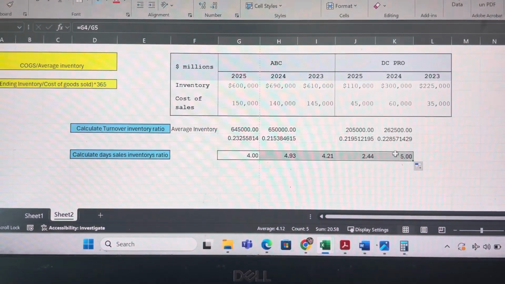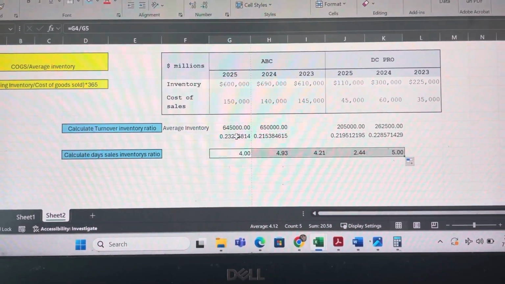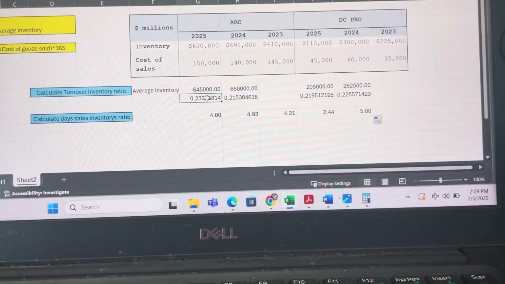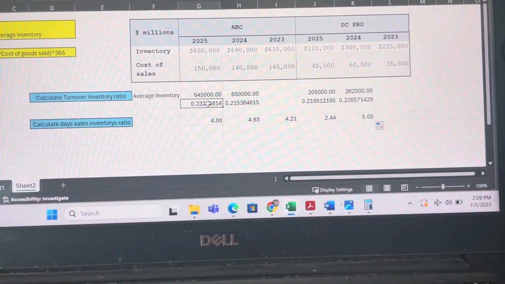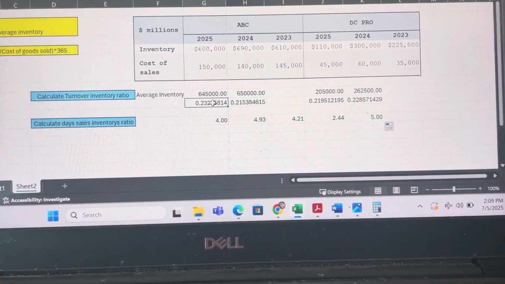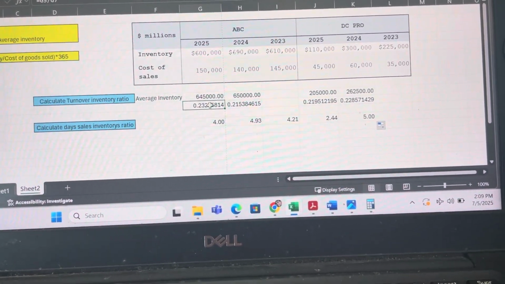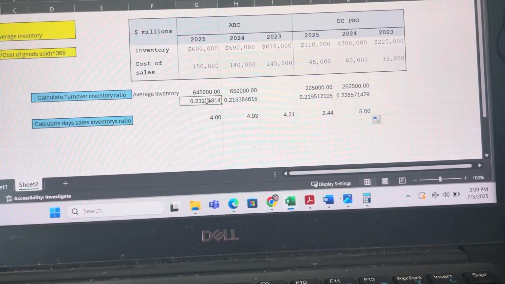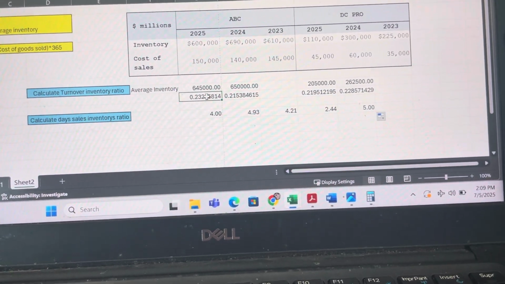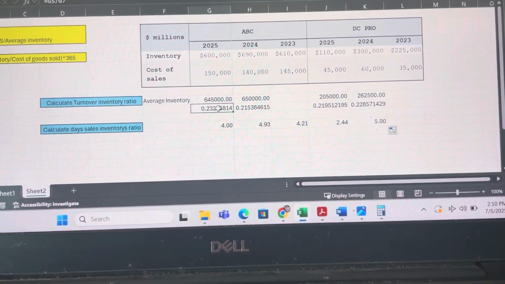Okay, as you can see, this means that it sells its inventory 0.23 times a year. In theory, this is not a good fact, because it doesn't sell enough inventory.